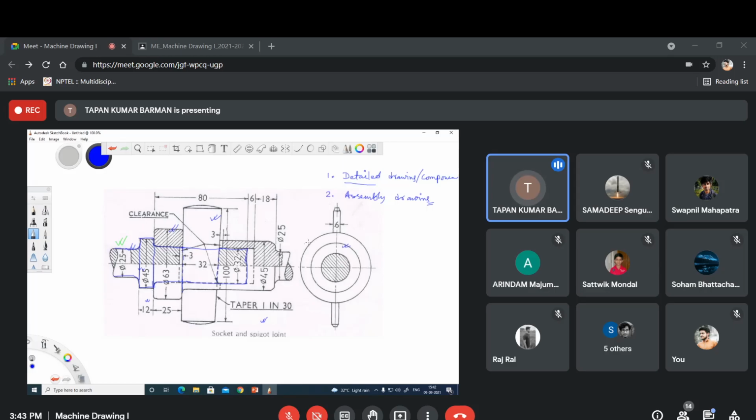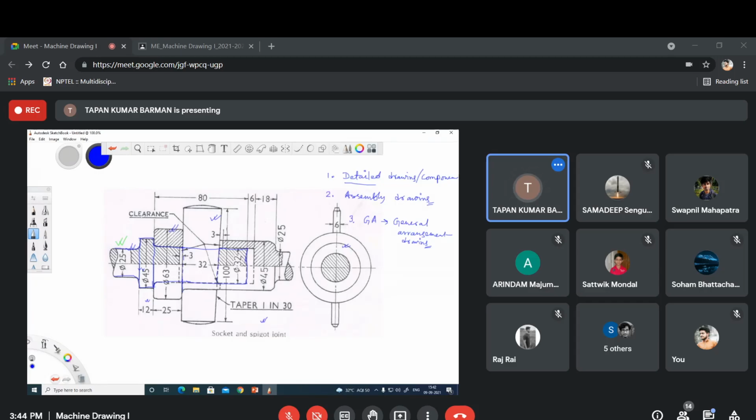Also there is another type of drawing that is called GA or general arrangement drawing, where we need to provide the basic information by which we can install the machine or install the component, where we will put the overall dimensions, not the internal or detailed dimensions.